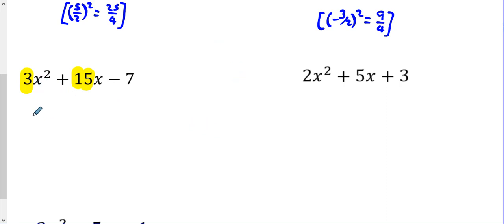Keep that 7 as it is. Okay, that's just factorising. Next steps to complete the square step.